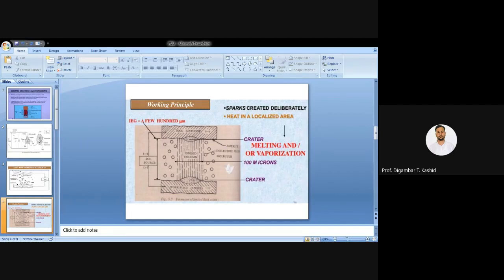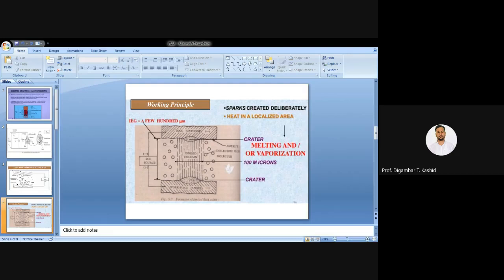Depending on your tool shape, the same shape will be generated over the workpiece surface.